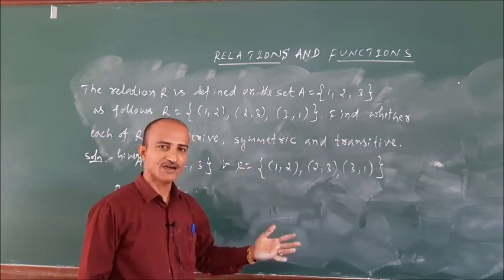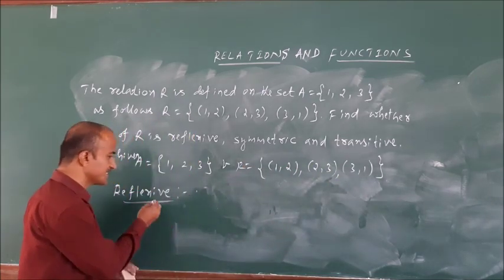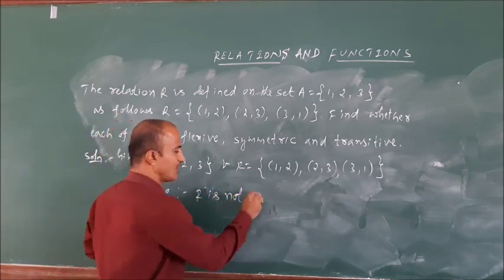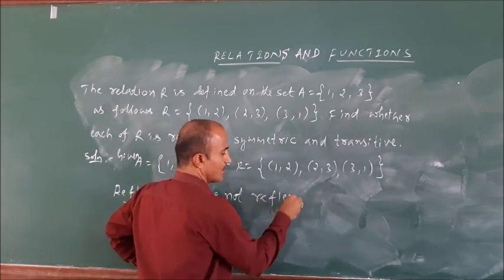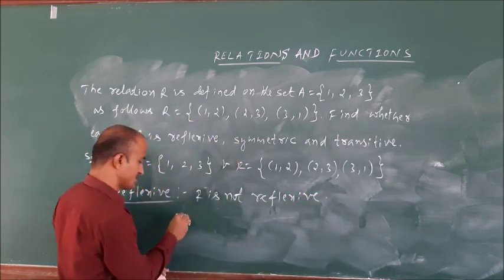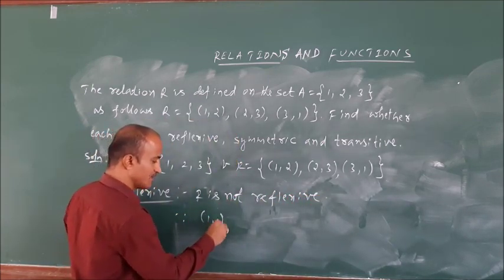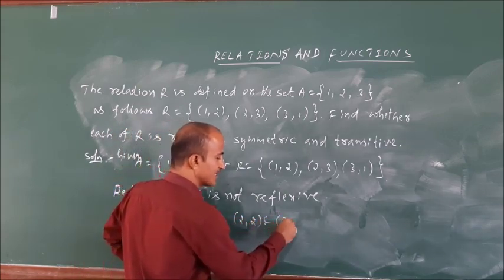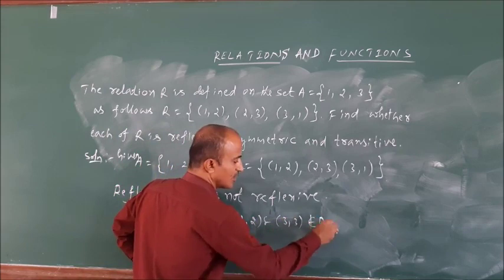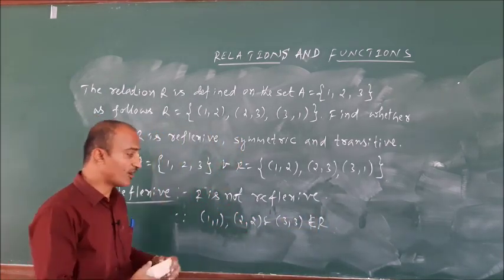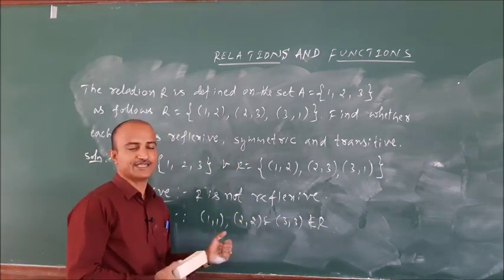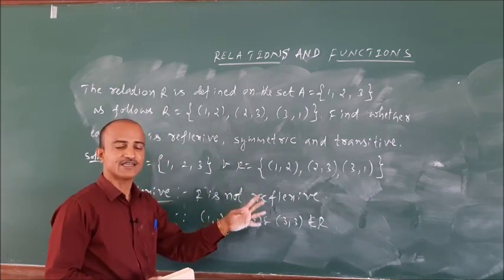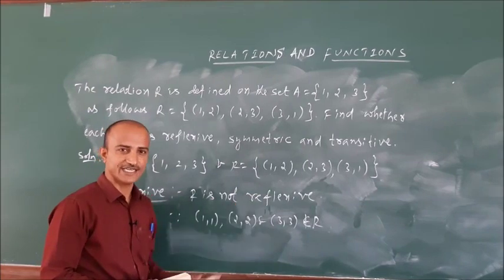Then clearly R is not reflexive. We can easily say here R is not reflexive. Then give the reason. R is not reflexive because (1, 1), (2, 2) and (3, 3) do not belong to R. See, it is not necessary to list out all the elements. If any one of the elements is not in R, it is sufficient to say that the relation is not reflexive.